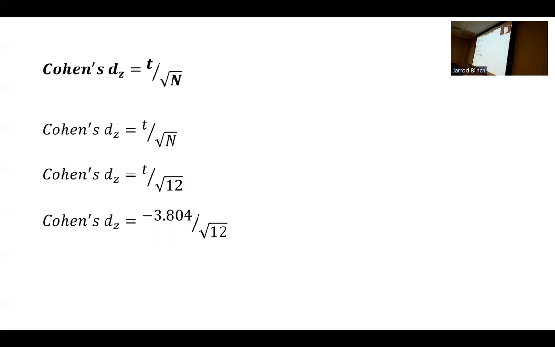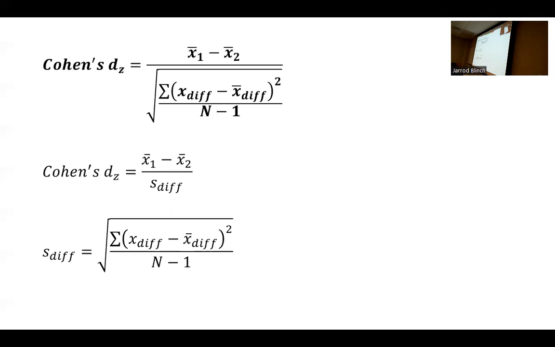So that was nice and straightforward. Let's say you really want to make it hard for yourself. You can use this more complicated formula. So it's still the mean difference on the top, but the bottom, we need to calculate the standard deviation of the difference scores. You can think of this as the standard deviation of the difference. This is the actual formula for it.